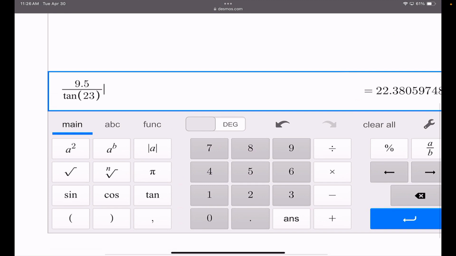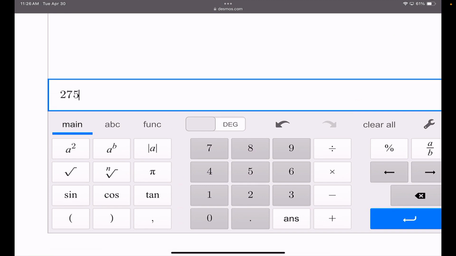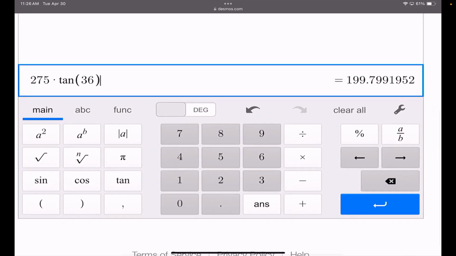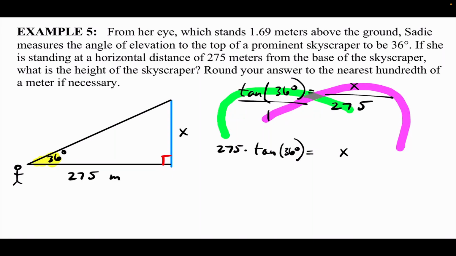So 275 times tangent of 36. Round to the nearest hundredth. 9 is in the hundredths. 9 says go up. So it's going to be 199.80.